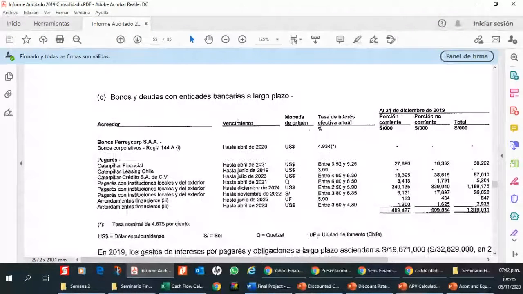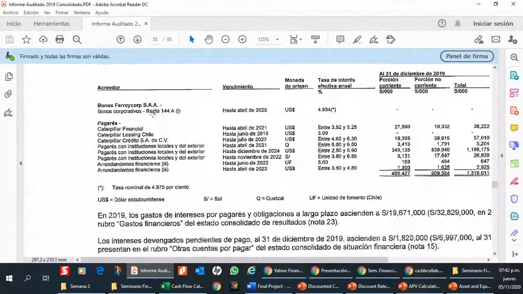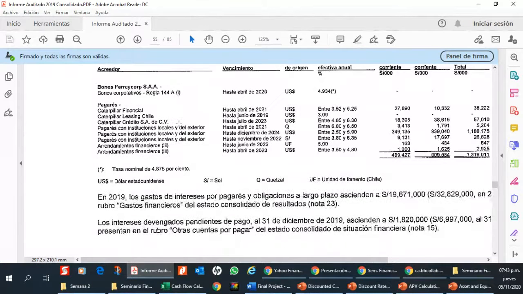There are some bonds that are already on the market. There is a bond that has been issued outside Peru, following Rule 144A. The 144A is a way for companies that do not reside in the US to issue bonds into the United States securities market.